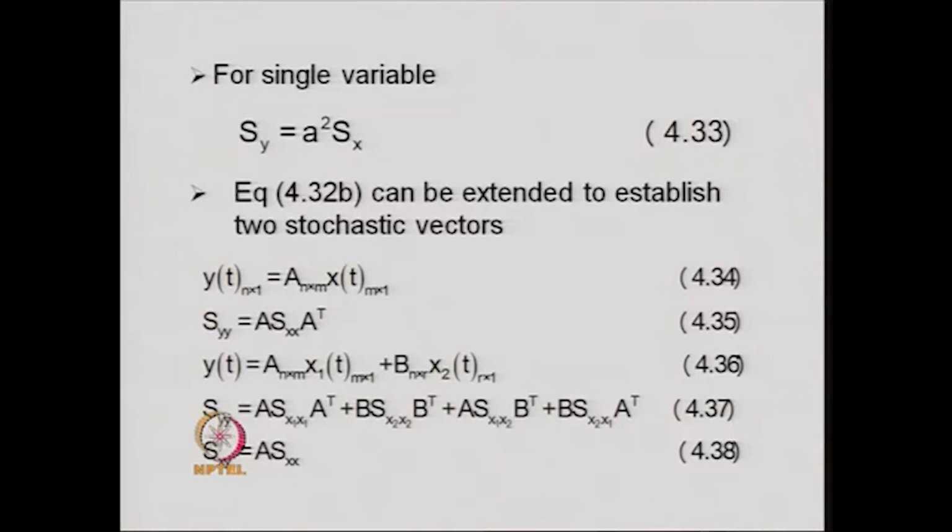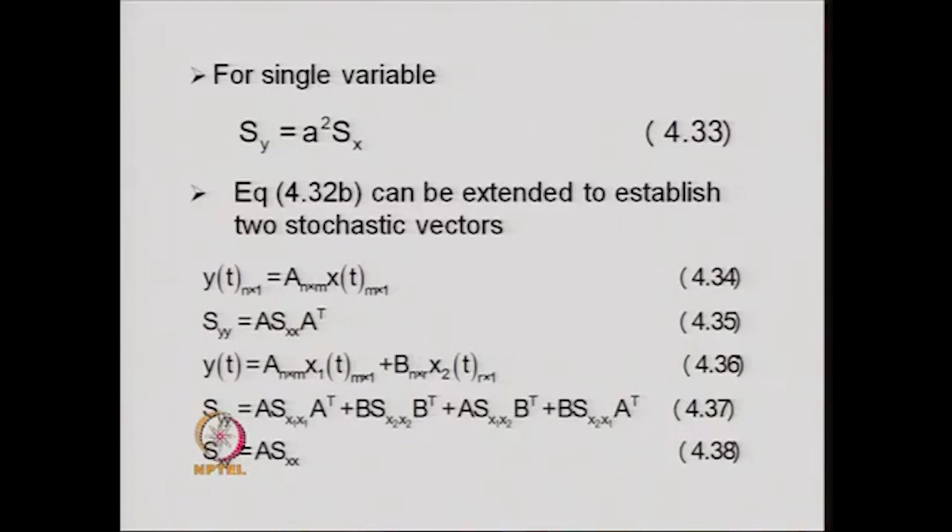Say y is related to vector x through matrix A, then one can write down Syy is equal to A into Sxx into At, where Sxx will be a matrix of size m by m and Syy will be a matrix of size n by n.